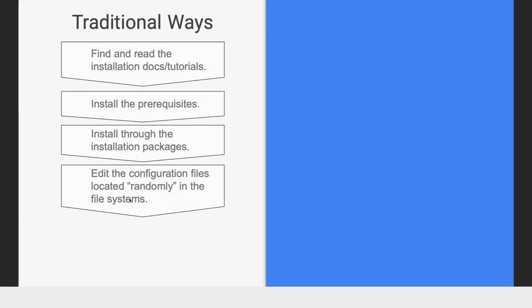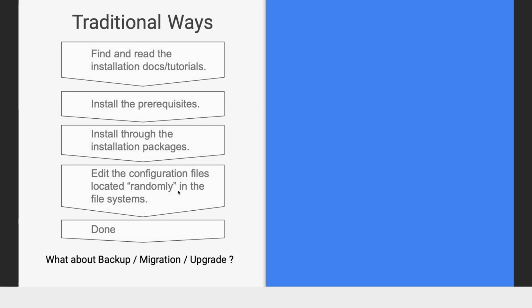Sometimes it's in /etc, sometimes it's in /usr/local or whatever. It can be tricky to find. And then we can run the software we want. But how about if we want to do a backup or migration or upgrade? It may require more effort to finish this.